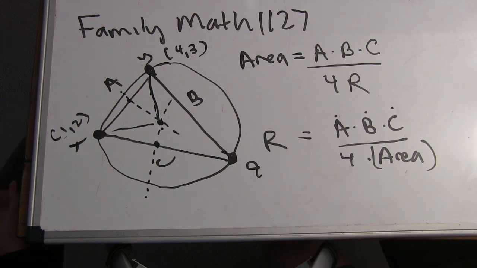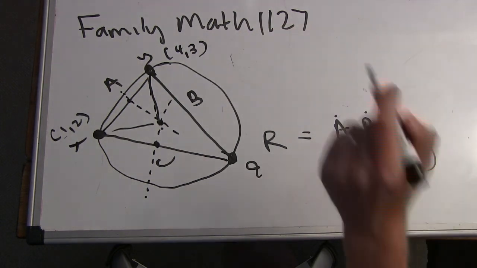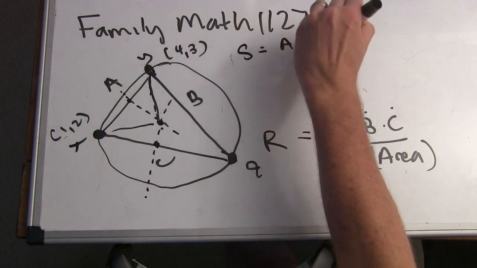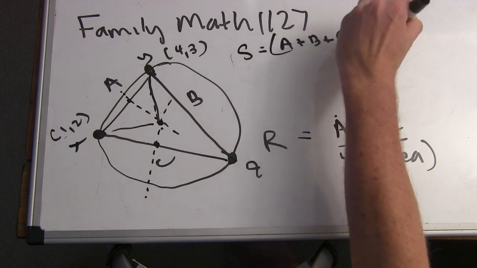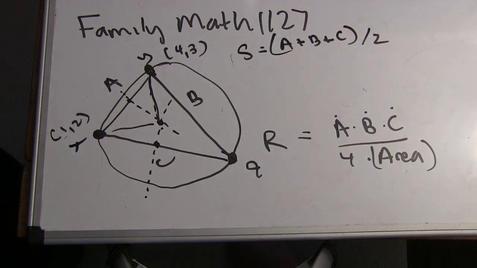Now there's a different formula for the area of a triangle called Heron's formula that just uses the side lengths. If we define S, which is the semi-perimeter, as A plus B plus C all over 2. Okay, so half the perimeter of the triangle.